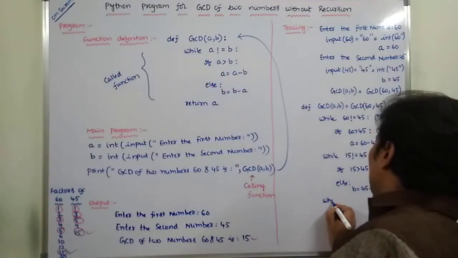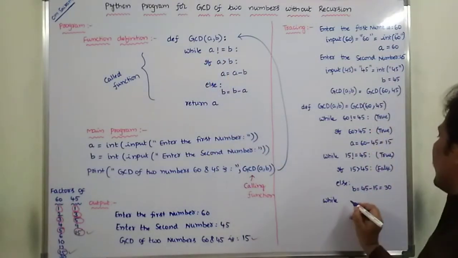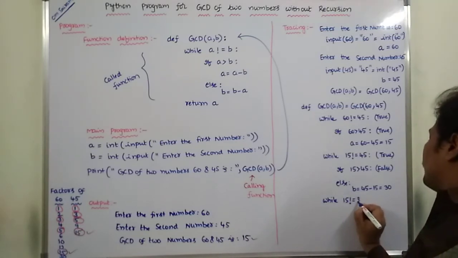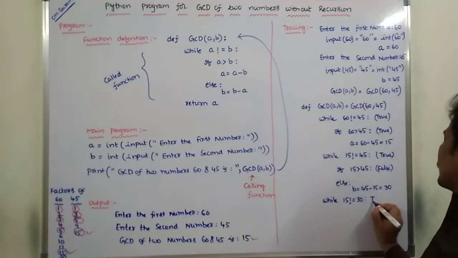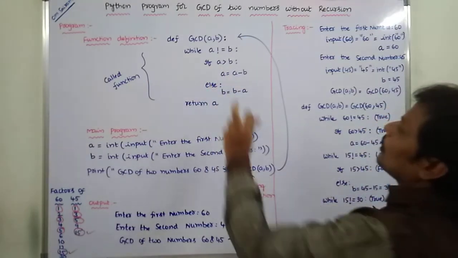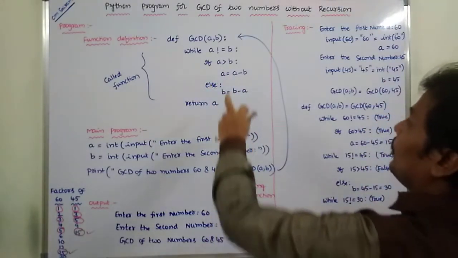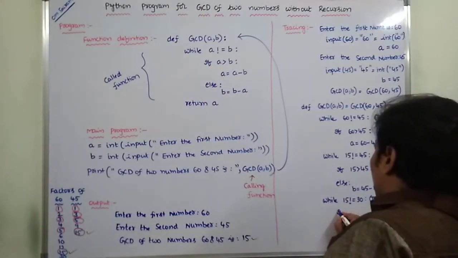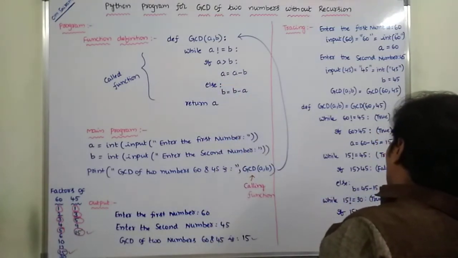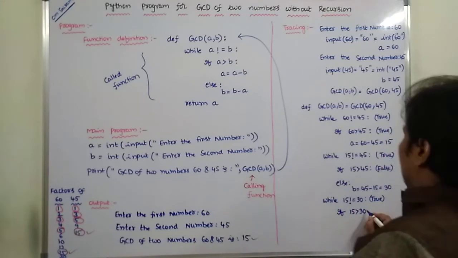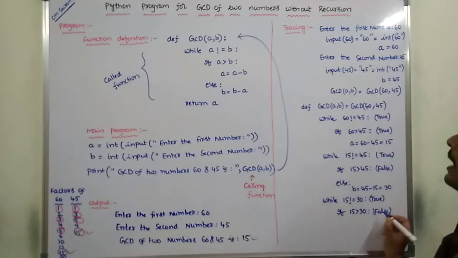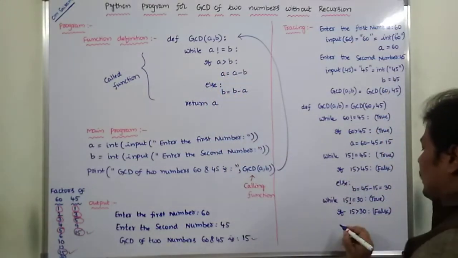So now while a value is 15 and b value is 30, 15 not equal to 30. So now the condition is true. If the condition is true, the control goes to the statements within the while loop. If a greater than b: a value 15, b value 30, 15 greater than 30, so this is false. If it is false, then go to the else block.